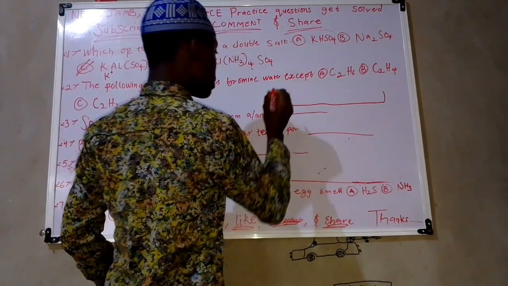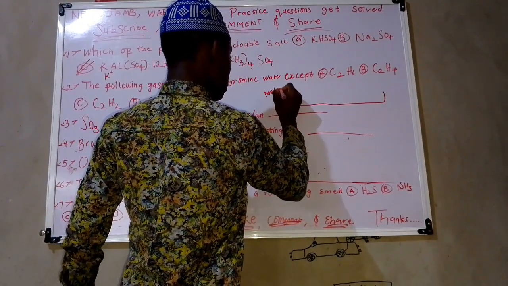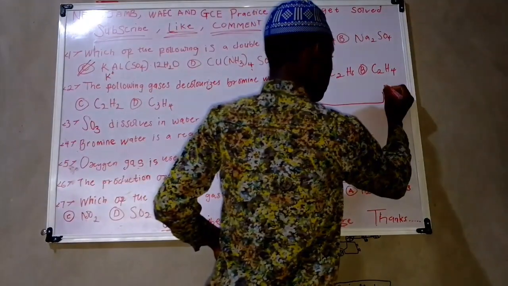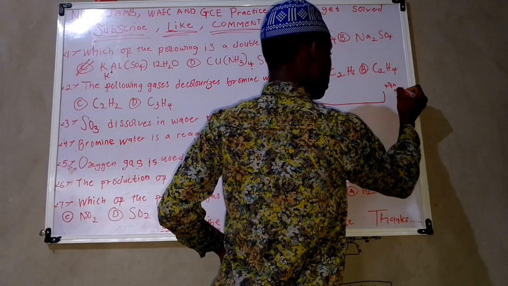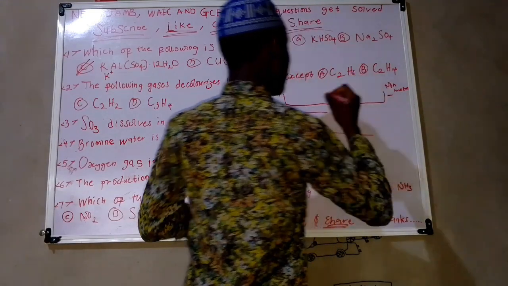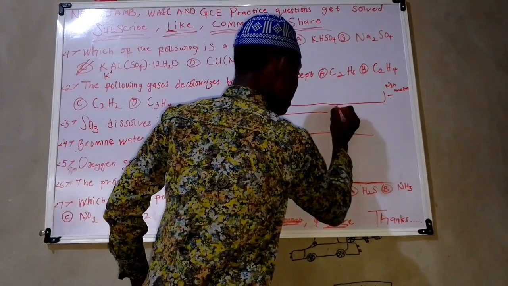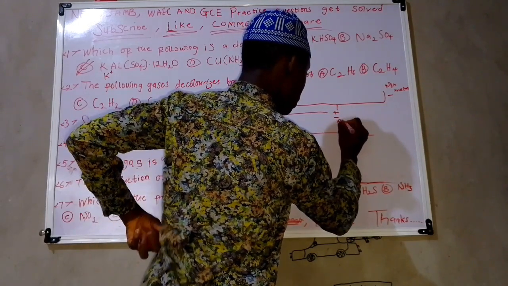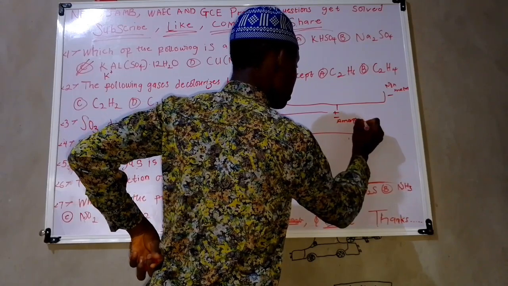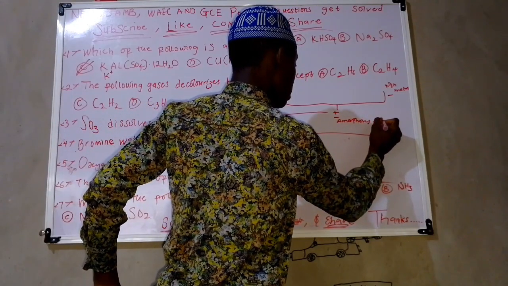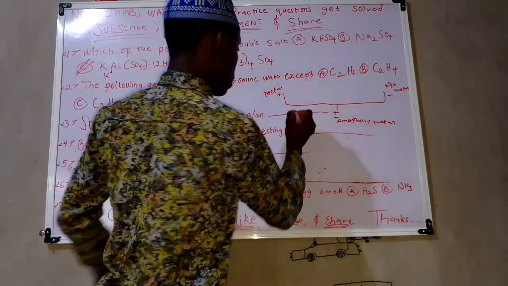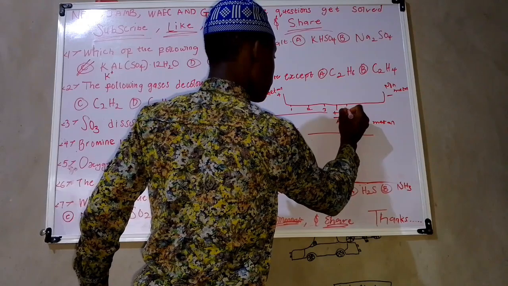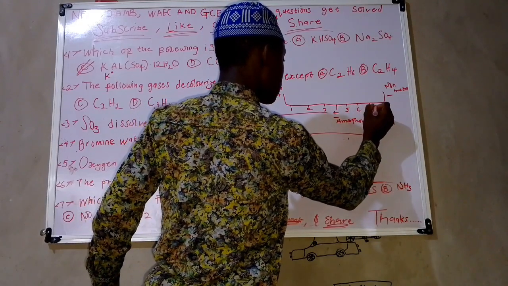You have it like this: this is a metal, indicating a positive sign; this is a non-metal, indicating a negative sign; and this is an amphoteric metal, indicating a plus or minus sign. Okay, now we have it like this: 1, 2, 3, 5, 6, 7.